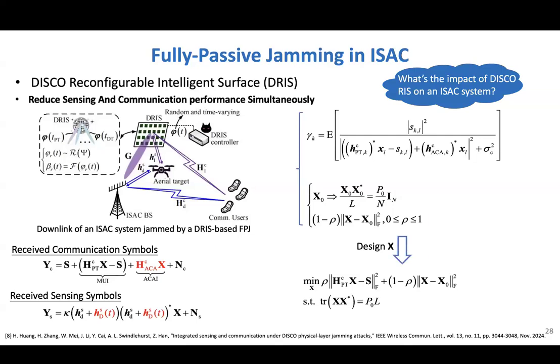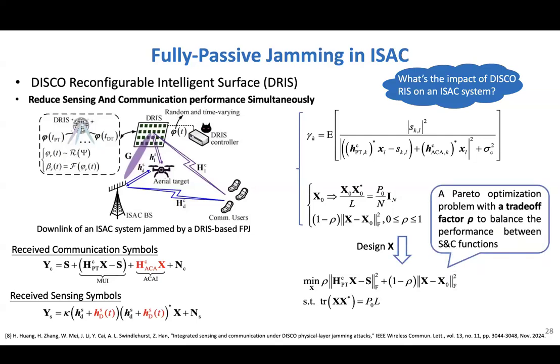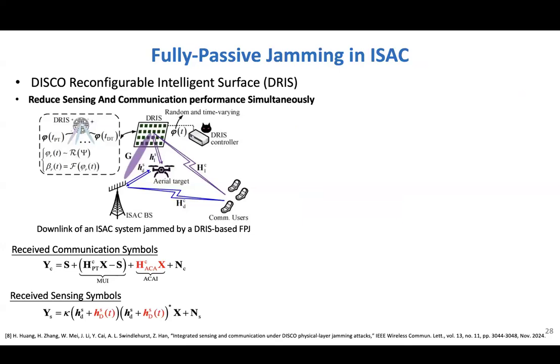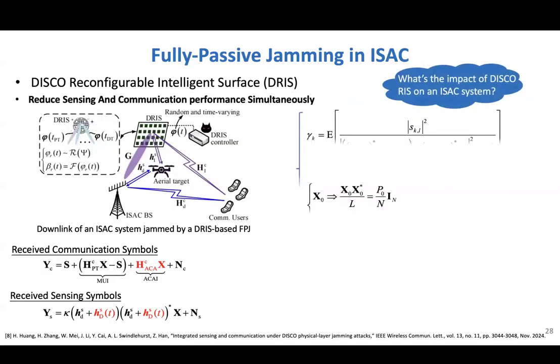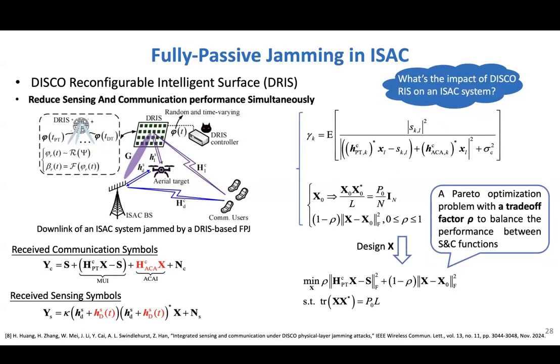This is the improved performance, and this is a kind of attempt to design the received communication and sensing matrix. This is communication and this is sensing, and they try to design the trade-off, rho plus 1 minus rho, basically changing this. You can consider, if you divide by rho here, that is the mu that I used in the previous example. This is the power constraint.